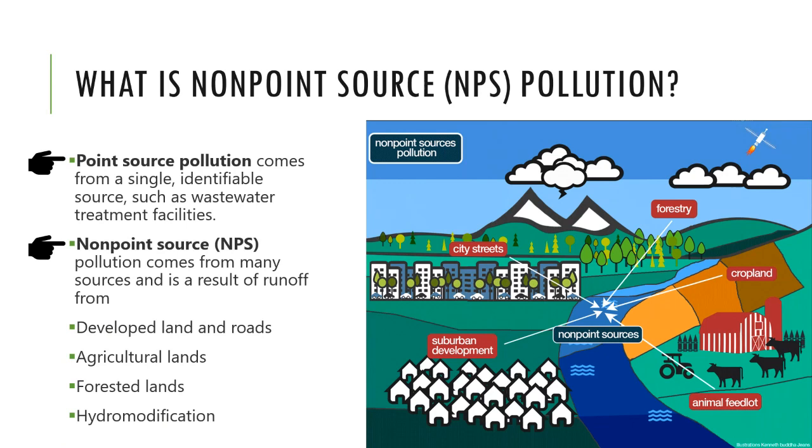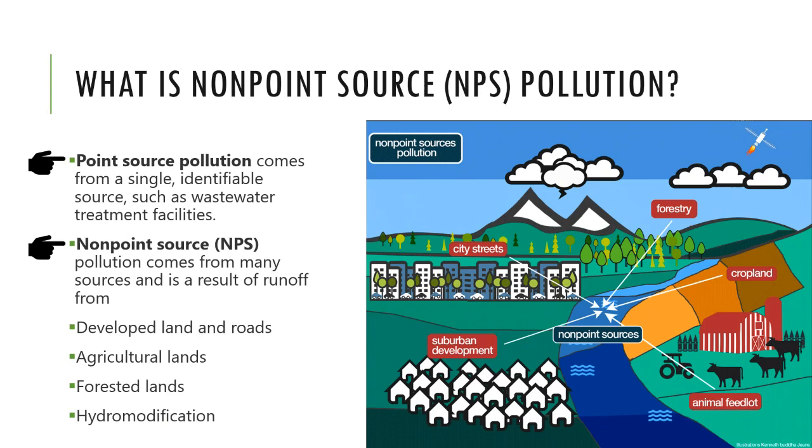All the stormwater runoff from those areas can lead to non-point source pollution. There's also runoff from agricultural lands, such as croplands or animal feedlots. The runoff from stormwater there can also fall into our rivers and lakes, causing non-point source pollution as well.